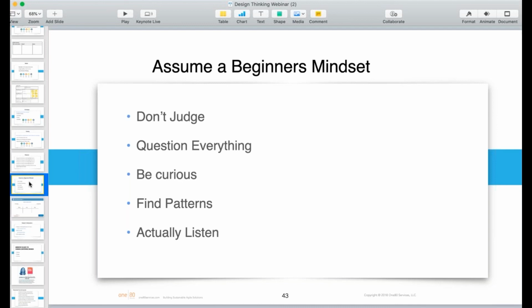A great article that I recently read talked about Zoom in particular, about how Zoom recreated the meeting experience online.